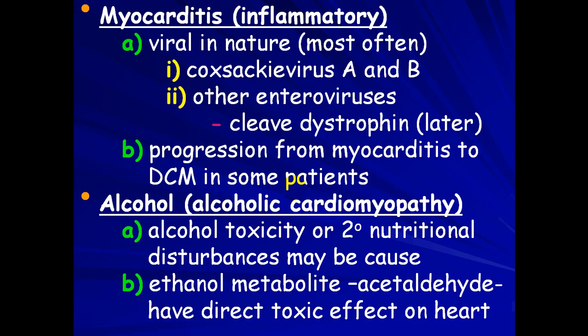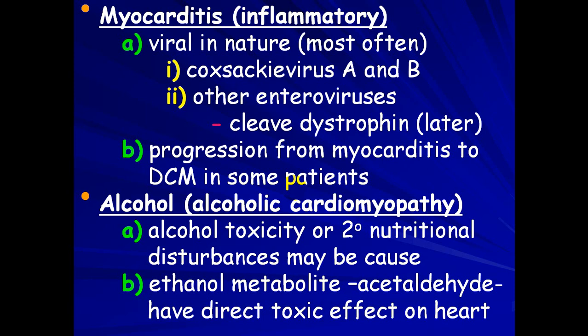Myocarditis or inflammation is viral in nature most often, and is usually common in children. Coxsackie virus A and B are the most common. Other enteroviruses can also cause dilated cardiomyopathy, with progression from myocarditis to dilated cardiomyopathy in some cases.